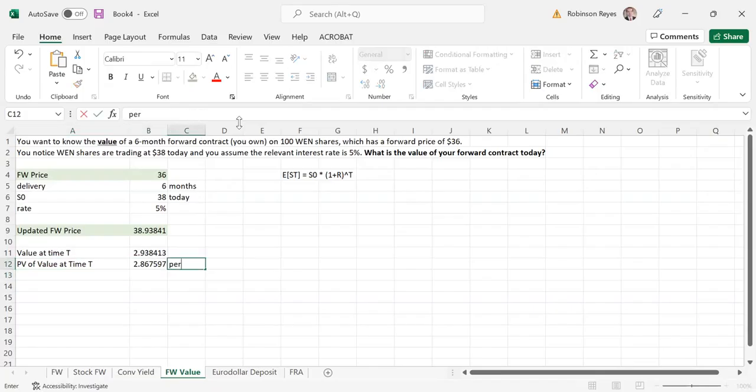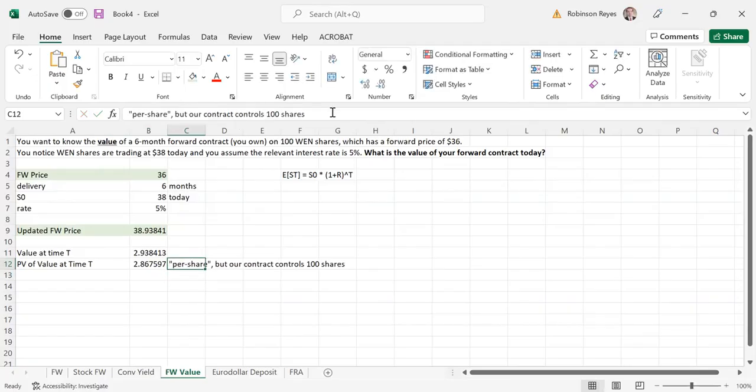Now it is important to say this is a value which is stated per share, but let's keep in mind that our contract controls 100 shares. Hence this is not the value of our contract.